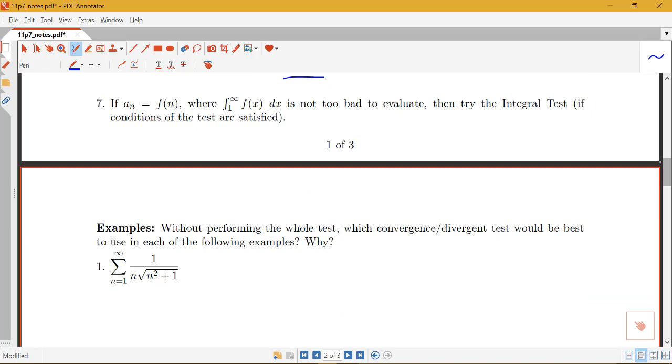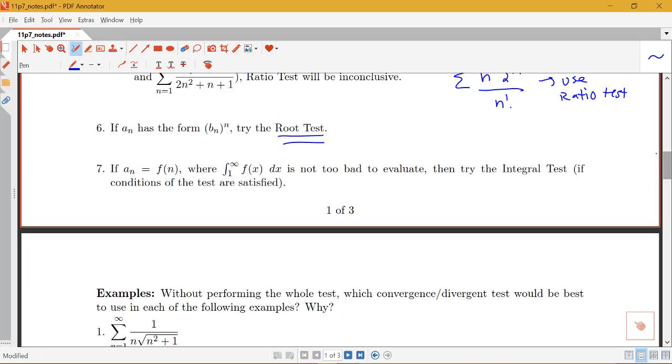So notice that our last kind of test that we would try would be the integral test. Integral test is long and complicated. Sometimes we need to use it, but we're always going to try another test first.